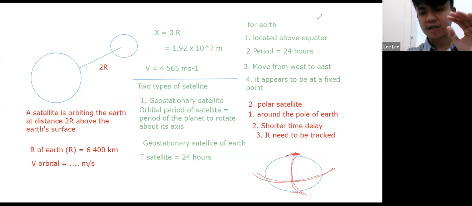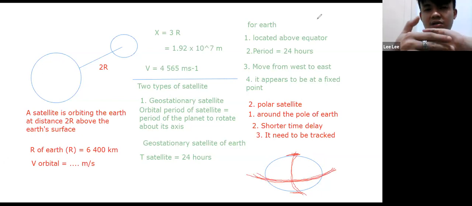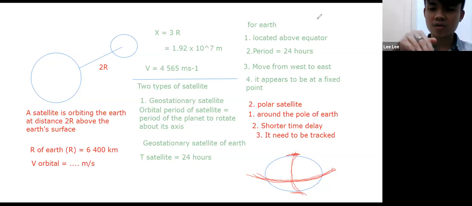So the path taken by your satellite can be closer to the Earth. At the equator orbit, it is quite wide, so your satellite needs to be located further. If you take the polar orbit, your satellite can go closer to Earth.